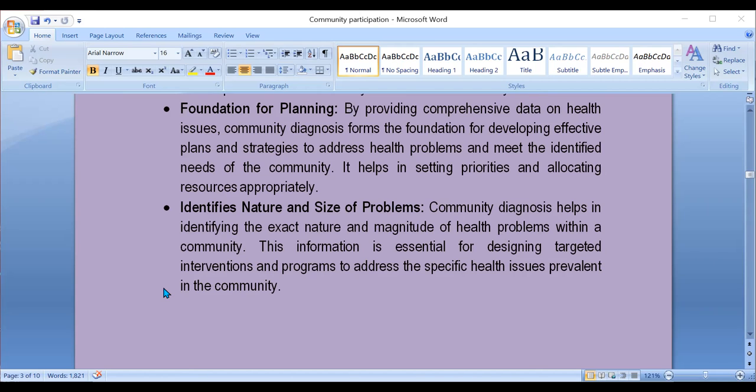Who are involved? Are they female? Are they mothers? Is it maternal mortality? This information is essential for designing targeted interventions and programs to address the specific health issues prevalent in the community.